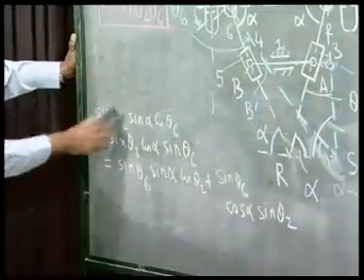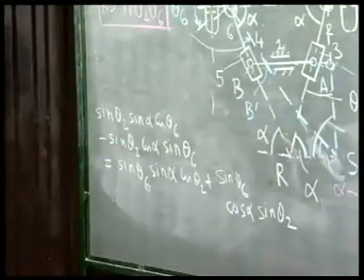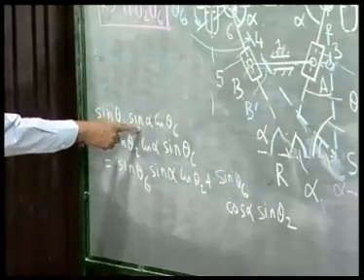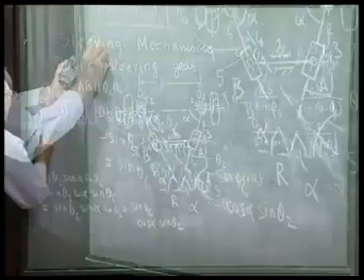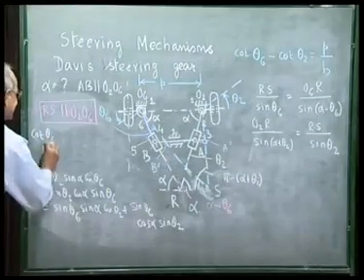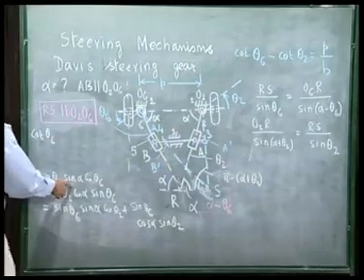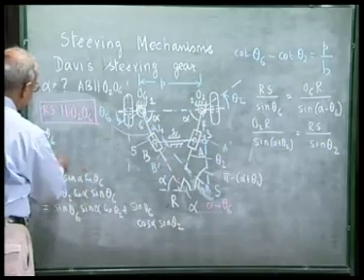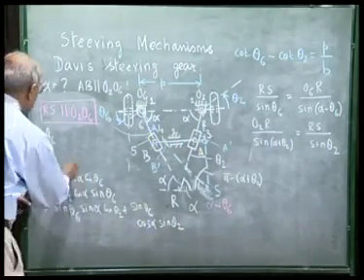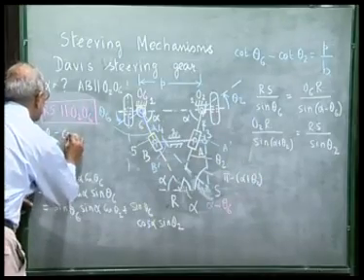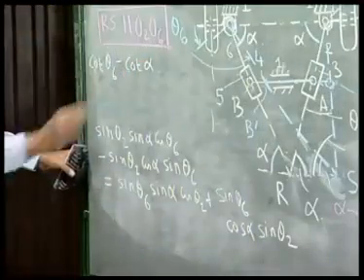Now, we can divide all these 4 terms by sine theta 2 sine alpha sine theta 6. So, that I get cot of theta 6, since sine theta 2 sine alpha cancels, divided by sine theta 6 I get cot theta 6. Again, from here I get minus cot alpha.